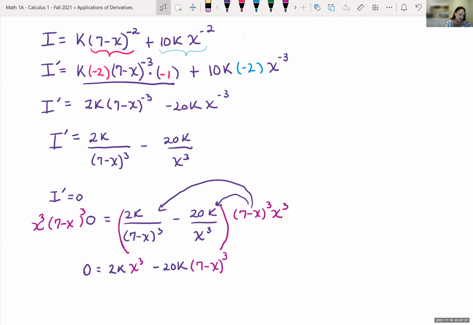So how are we going to do this? Looks like we might need to expand and get like terms together. You notice I can factor out a 2k from both of those. That gives me 2k times x cubed minus 10k times 7 minus x quantity cubed.